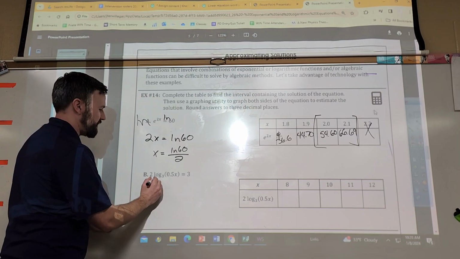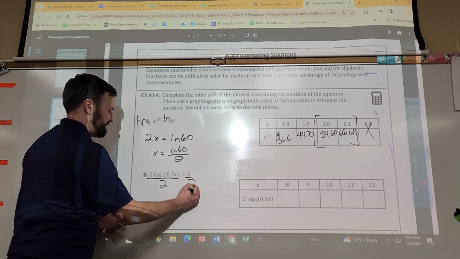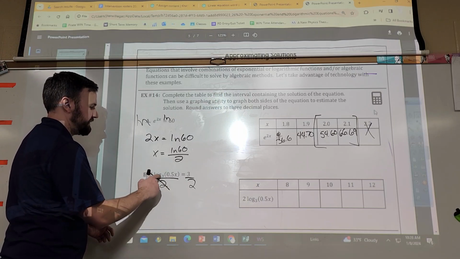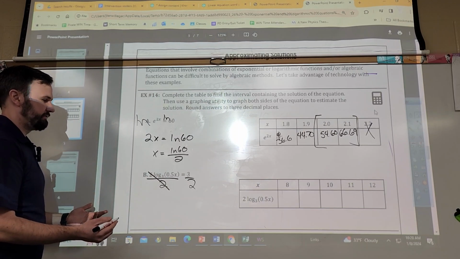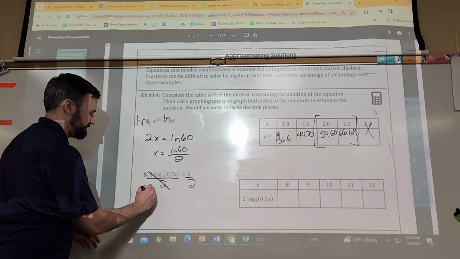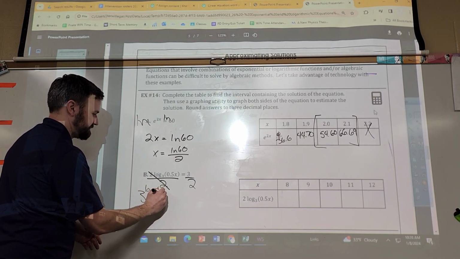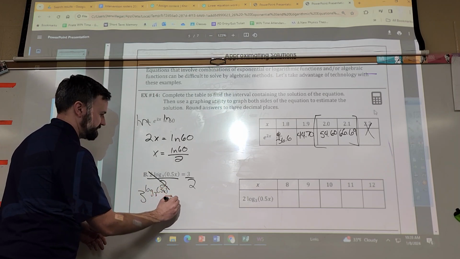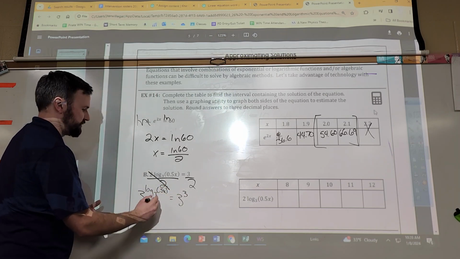Well, what should we do, though, on it? Divide by 2. How do you get rid of that log? Yeah, you take both as a power of 3, right? And so those cancel.